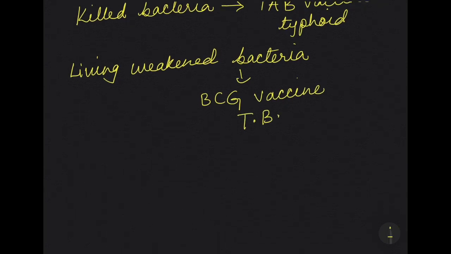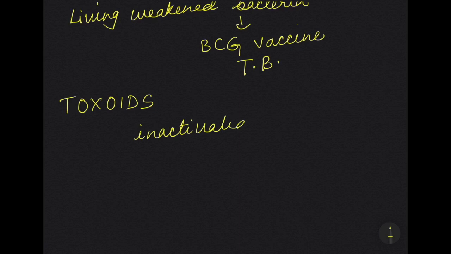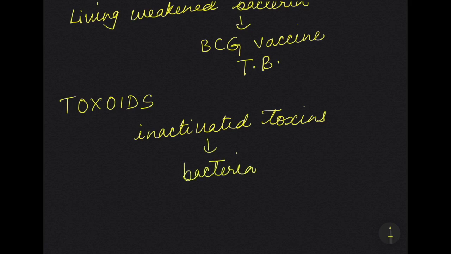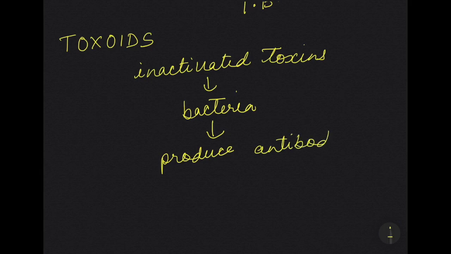Now next we come to toxoids. Now what are toxoids? These are inactivated toxins of a particular bacteria, and it can still produce antibodies.